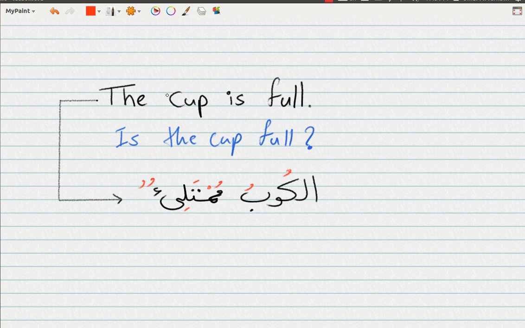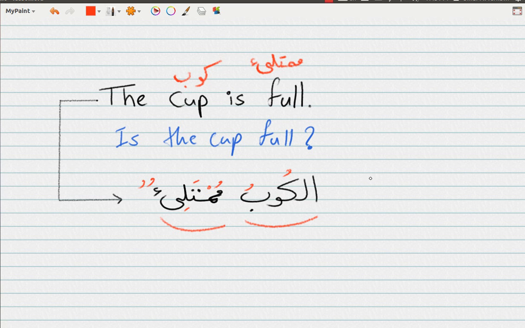Cup in Arabic is koob, and full in Arabic is, well, one way of saying it is mumtali'. So we translate it into Arabic, and that would be al-kubu mumtali'un. Al-kubu mumtali'.